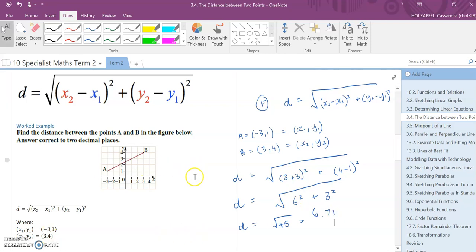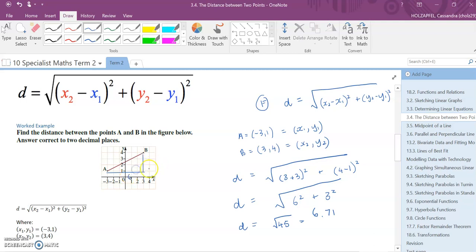So that's how we find the distance between 2 points using the distance formula, which remember is just derived from Pythagoras. And again, if you don't like this crazy formula, that is absolutely fine. Just go back, and what I would actually do is draw in your two lines, and make that actually look like a triangle, like that. And then you can see the distance from here to here is going to be 1, 2, 3, 4, 5, 6.